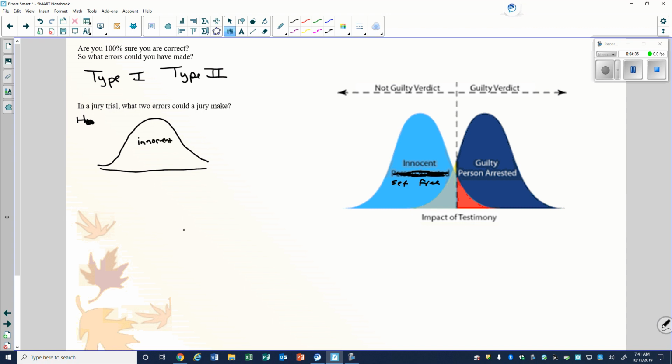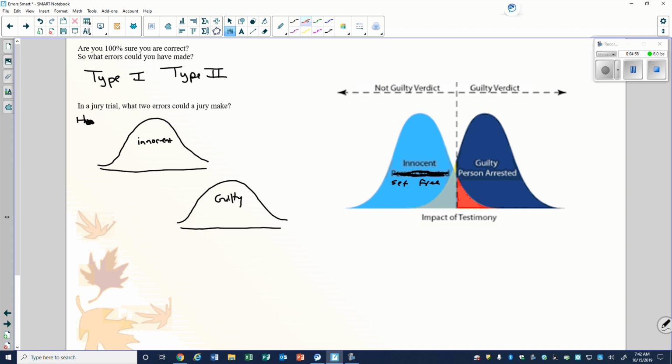But what I'm trying to prove is that this person is guilty. I'm going to draw a separate curve for this, a little bit to the right of the first curve, because what I'm going to try to do is gather more and more evidence against this person, and if I can gather that evidence, then I can determine them guilty.